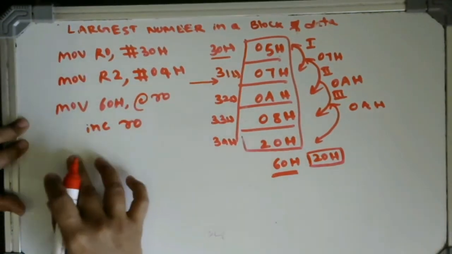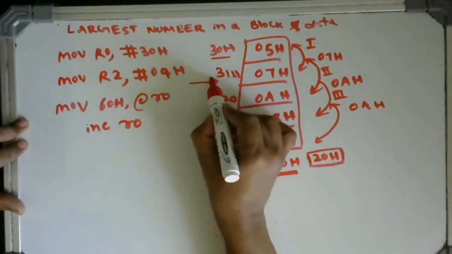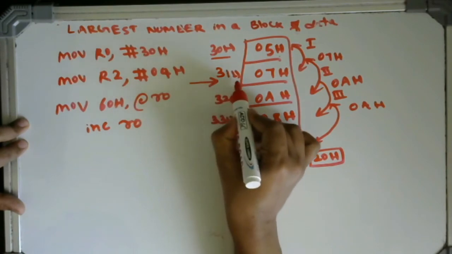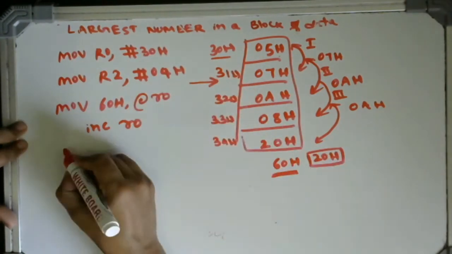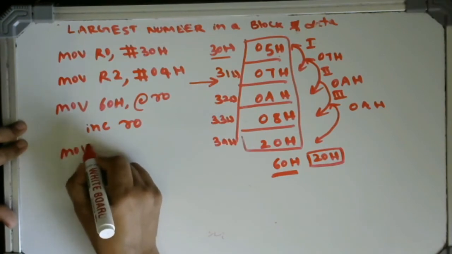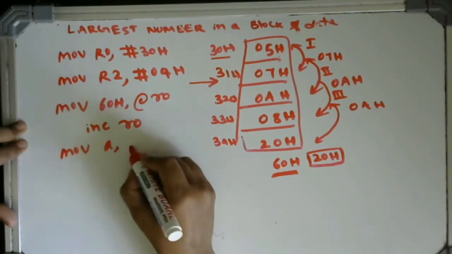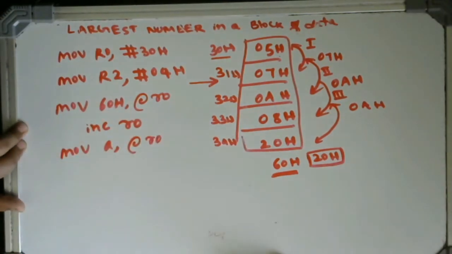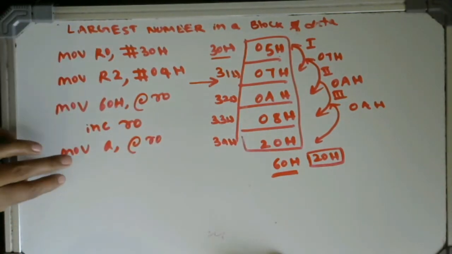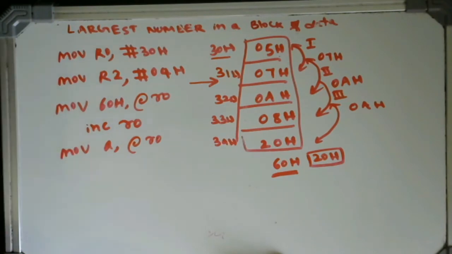When this instruction is executed, the pointer will be pointing to the internal memory location 31H, and now we will access the next data into the accumulator: MOV A, @R0. This is how we got the two data in two different locations.